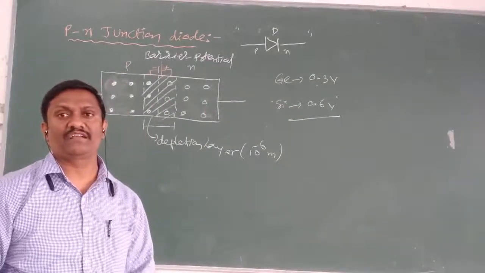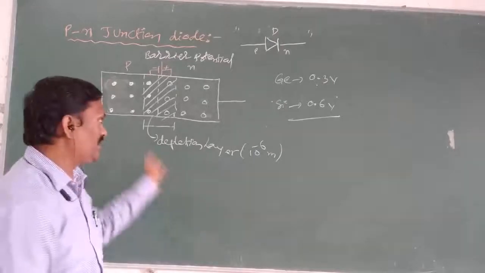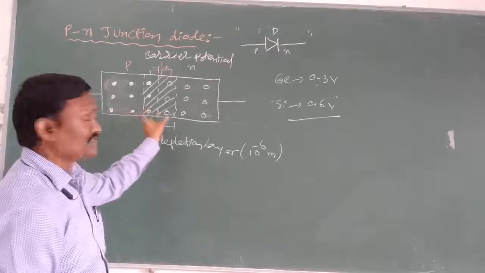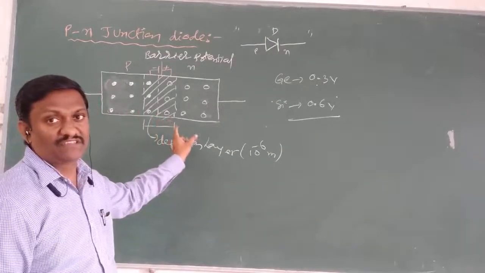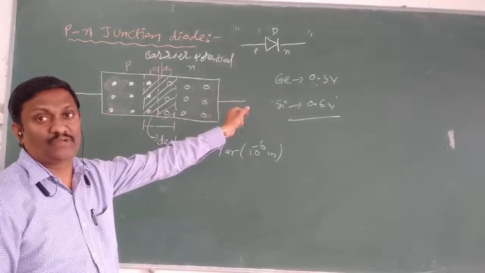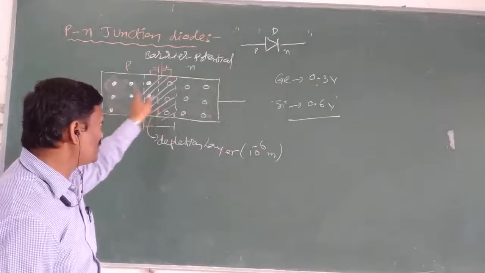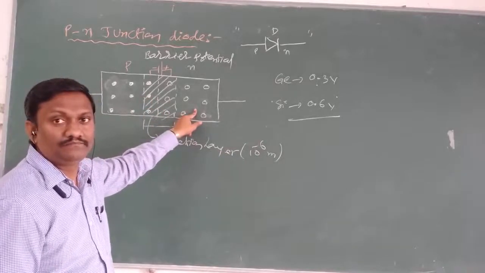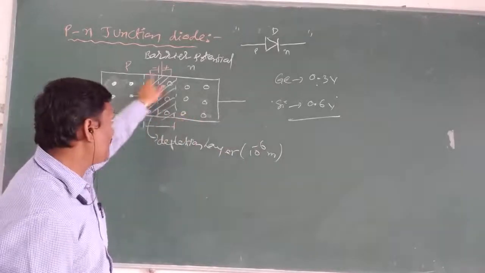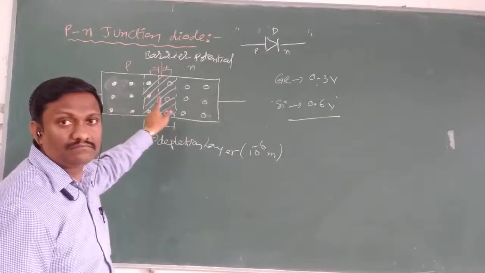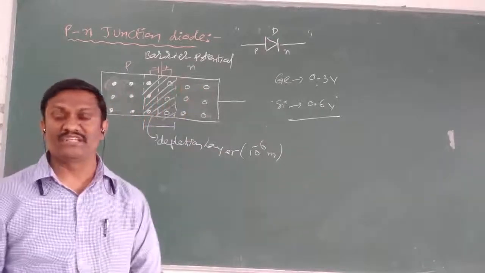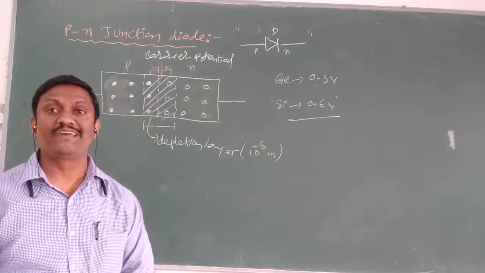If any carrier crosses from one region to another region, compulsorily those carriers must have some potential. That potential is called the barrier potential. To cross the junction, to jump the junction, some potential is required, some barrier is required. The potential across the depletion layer is called the barrier potential.